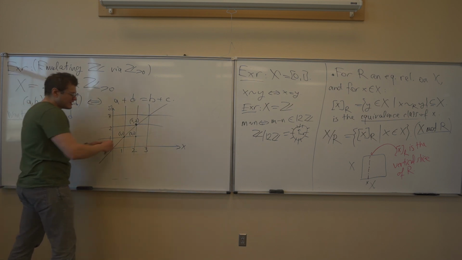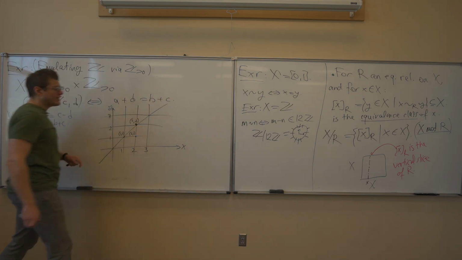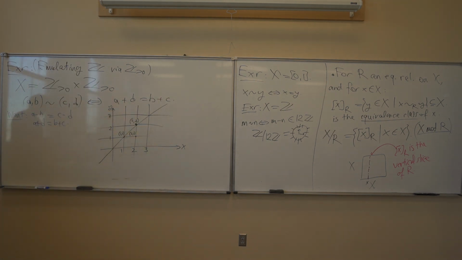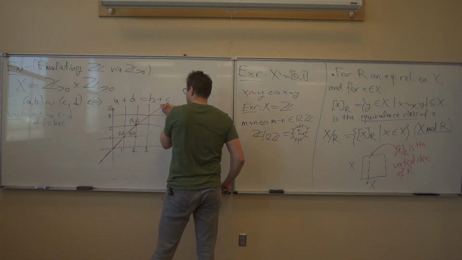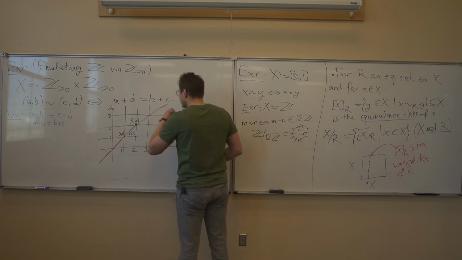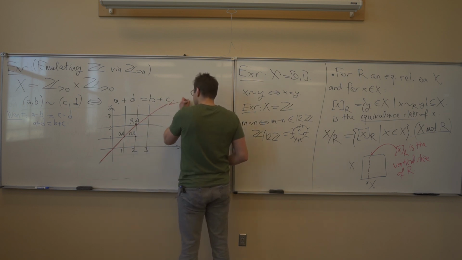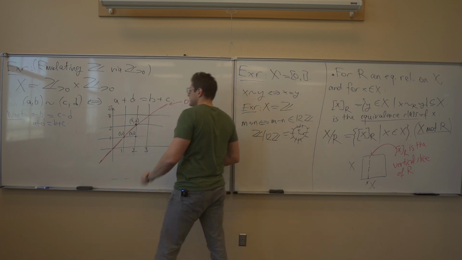So in a sense, this line, y equals x, becomes the integer 0. And this is why things get rather abstract here. So this line itself is 0 here.